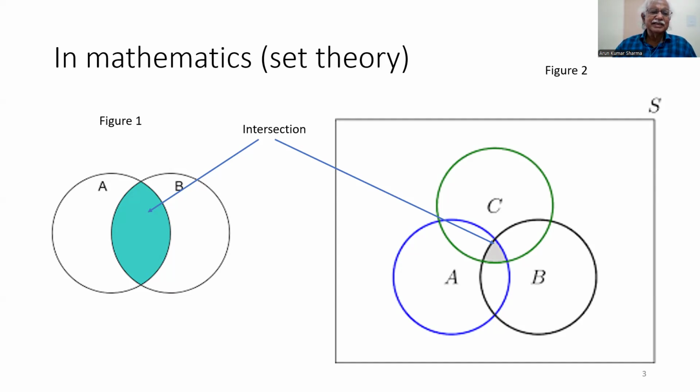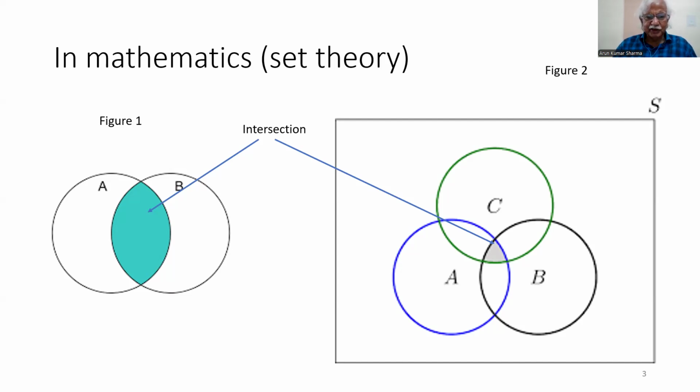Then this portion, intersection, is the portion that is common to both A and B. I mean, there are some units which are part of both set A and set B. This part of each of them is called intersection.